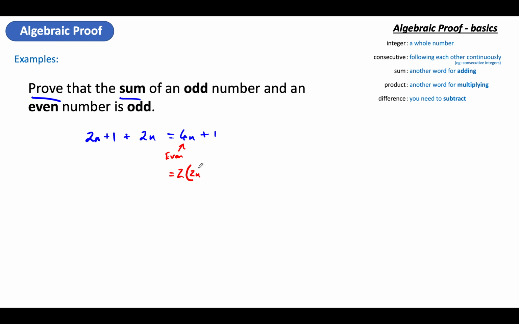Take 2 outside. Do we agree that if I multiply that, I get 4n? Well, this is 2 times something. This has got to be even, yeah? And then, of course, if I add 1 to it, I get to the next number across, which is odd. So this is odd. That is correct. Yeah, did that blow your mind? Or did you go, that's really easy, show me another one?